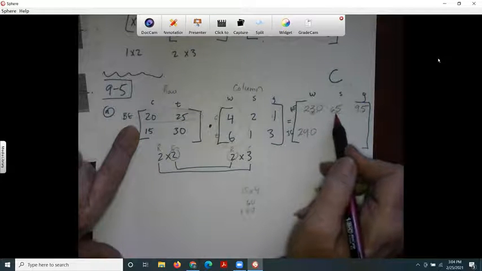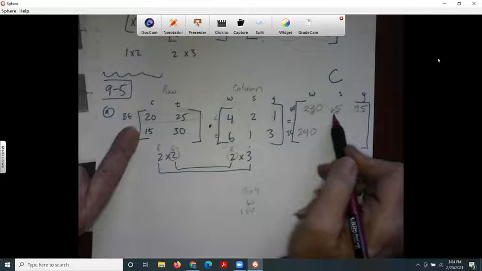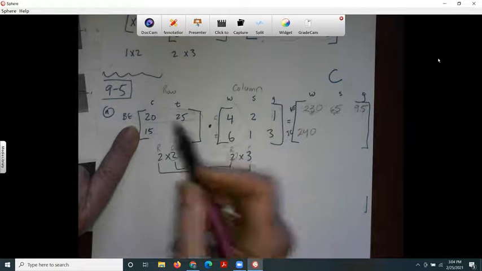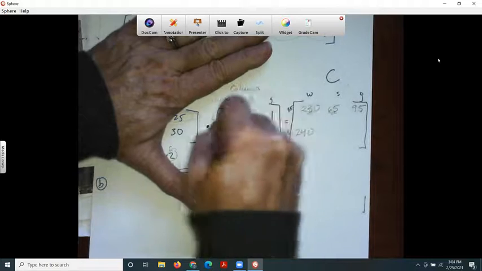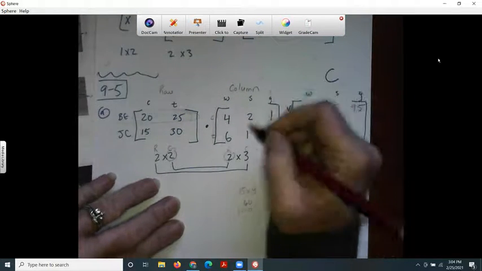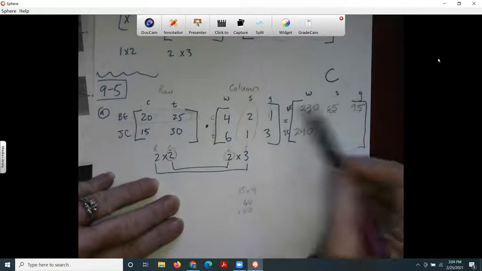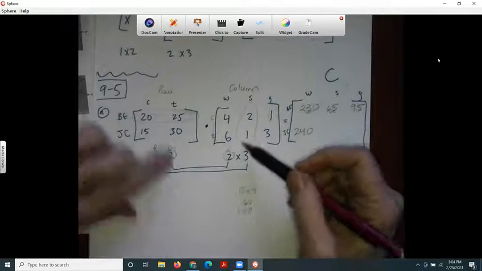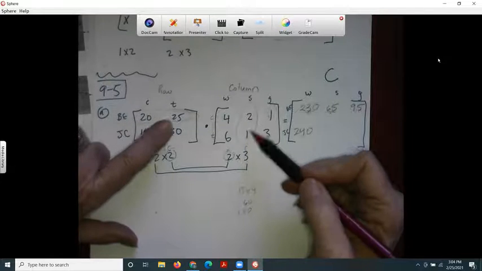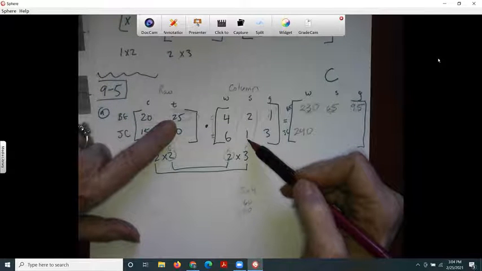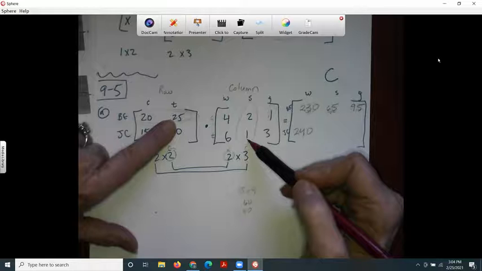I'm going to take row 1 and multiply it by column 2, which also makes sense because it's the seats column. So 20 times 2 is 40, plus 25 times 1, that's where the 65 came from.